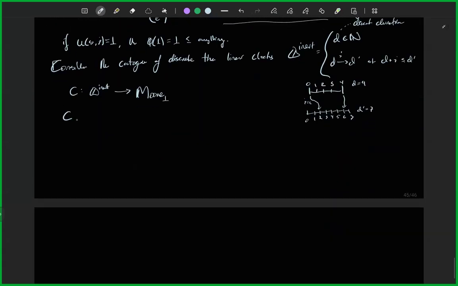So C of D is going to be equal to, we're going to take the actual D ticks here. So D equals the ticks, 0 dot dot dot D. And this is, of course, D plus bot. We have no choice. And then we have to give it its interface, right? And the interface is going to be D again. And it takes no input, right?